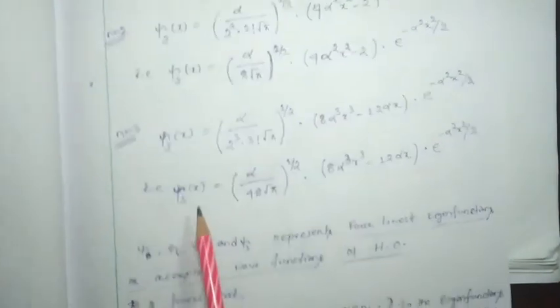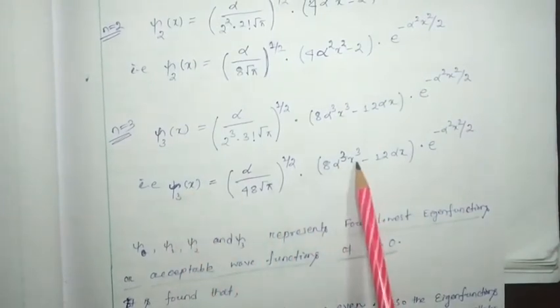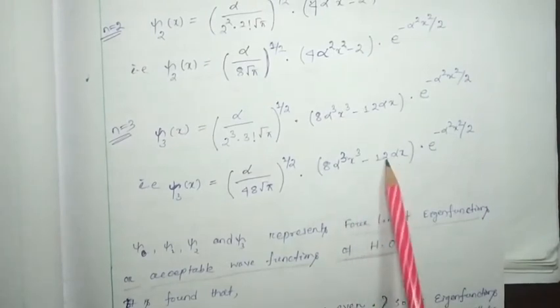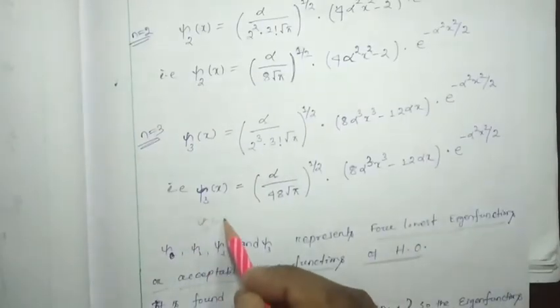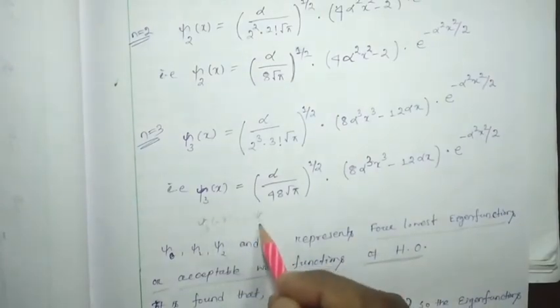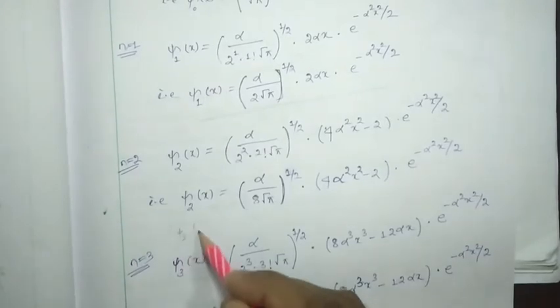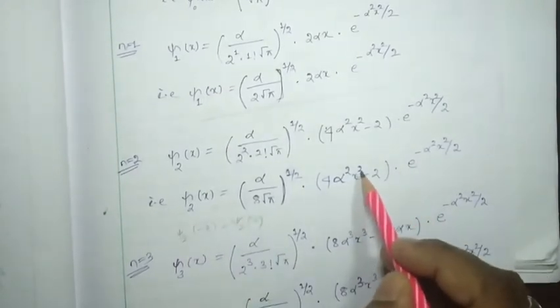Suppose you consider an odd case: if you put minus x, x cube means minus, so it will be the value of minus psi n x. So psi 3 of minus x will be minus psi 3 of x. But if we consider psi 2 of x, psi 2 of minus x will be psi 2 of x, because it is in the form of a square.